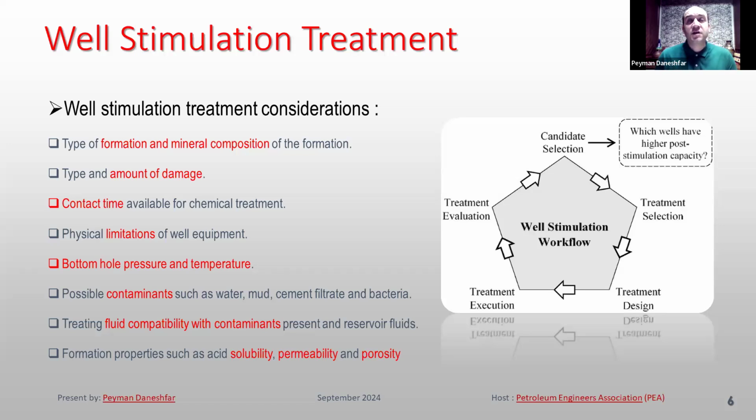Maybe we want to acidize the well, but the coil cannot reach the depth of the perforation, so we should bullhead it, because every time we should consider all the stuff: the bottom hole pressure, temperature, the compatibility of the additives, the contamination by water, mud, and cement filtrate, and also the solubility, the permeability, and the porosity. If we want to design a plan, we should consider all parameters together.